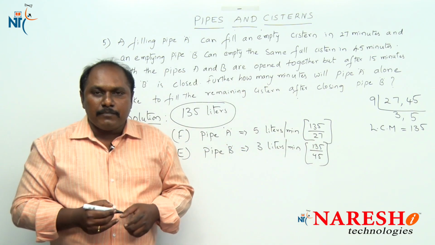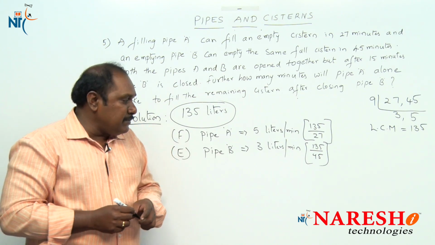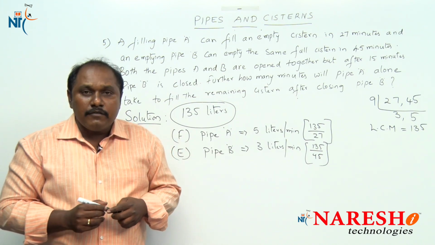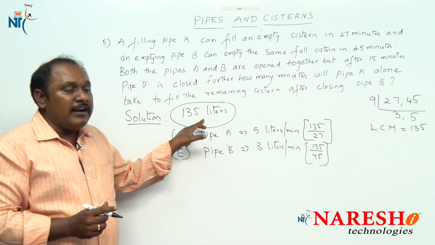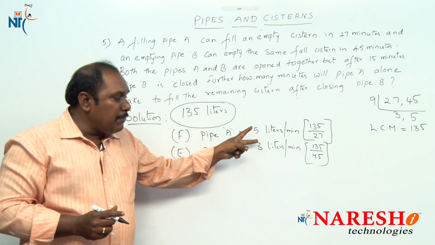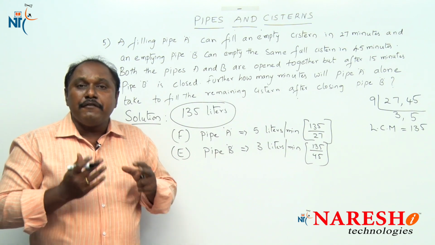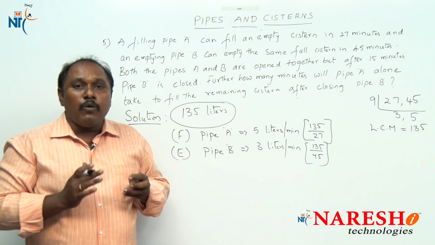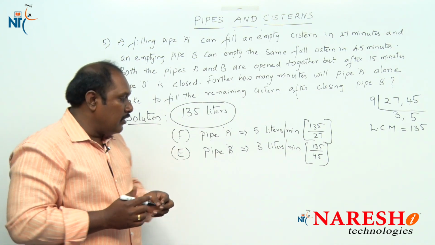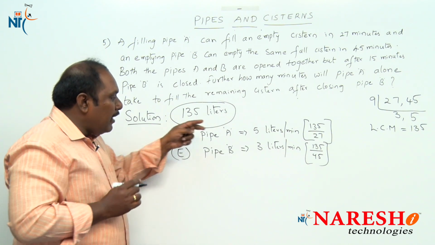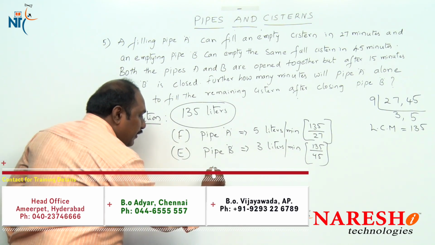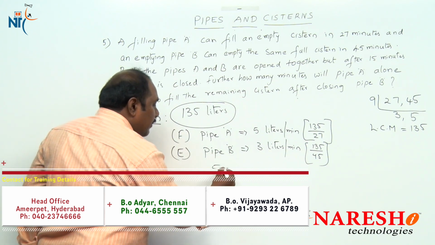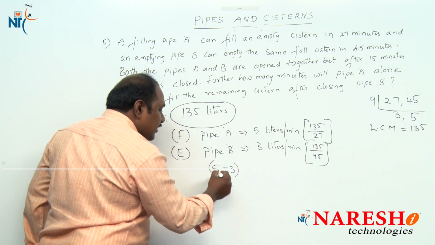Now solving the problem. Both the pipes A and B are opened together for 15 minutes. Here the total work is to fill 135 liters. Let us see what happens in that 15 minutes. If I open both the pipes A and B for 1 minute, A should fill 5 liters, but B will empty 3 liters.